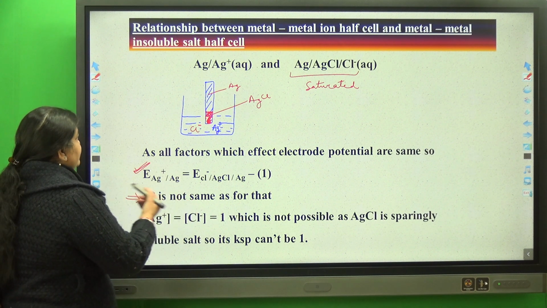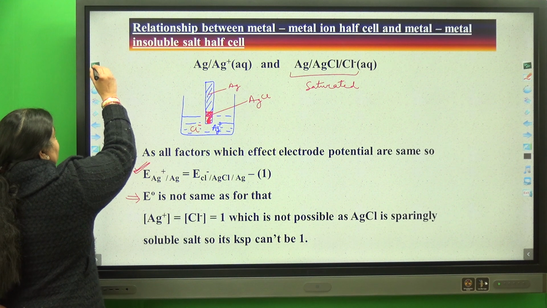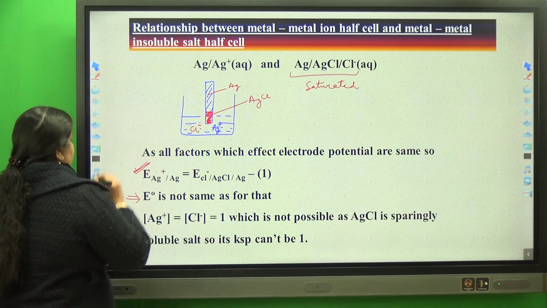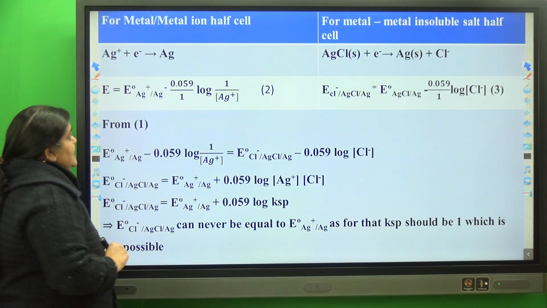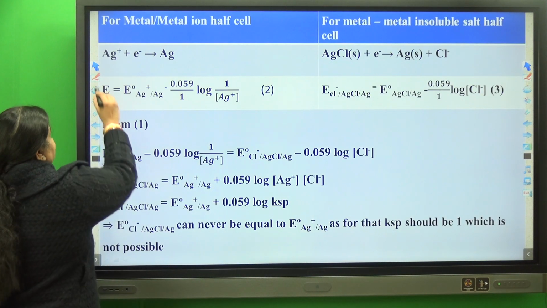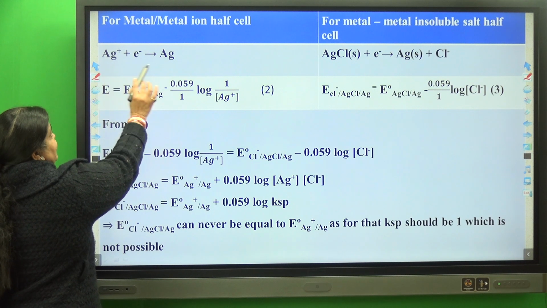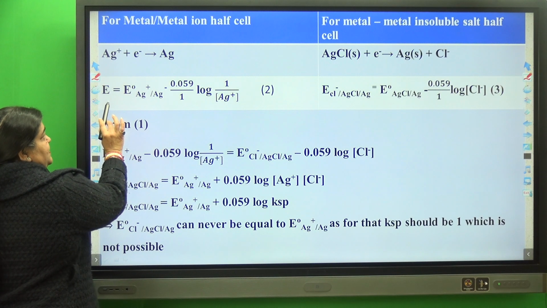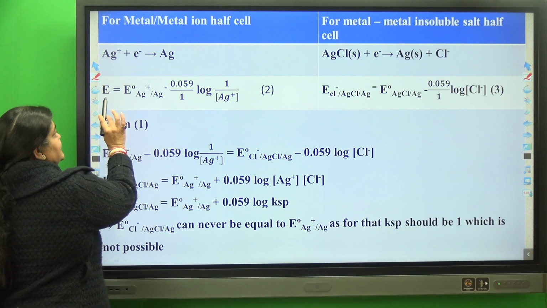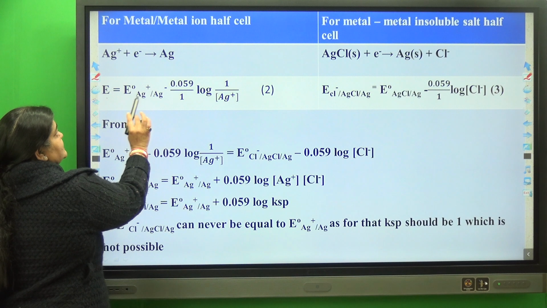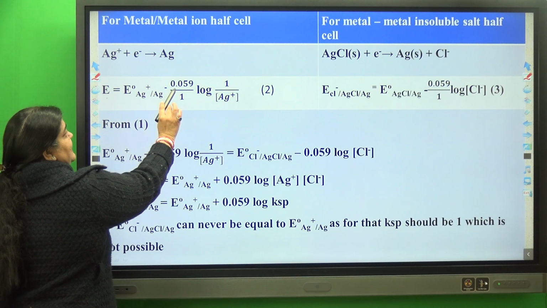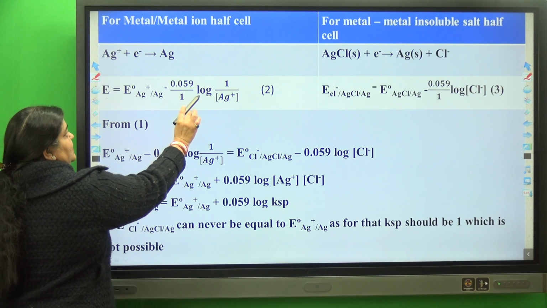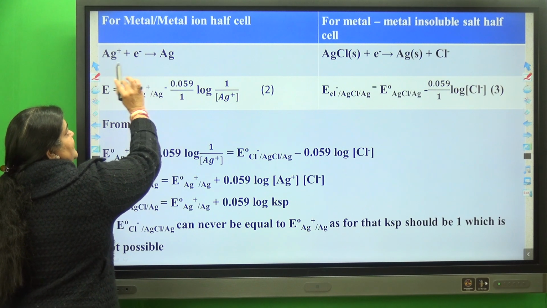Now let's come over to the equations. I have written the reduction potential of that metal ion half cell. Using the Nernst equation, its electrode potential is equal to standard electrode potential minus 0.059 upon 1, because electron exchanged is 1, log of products upon reactants.